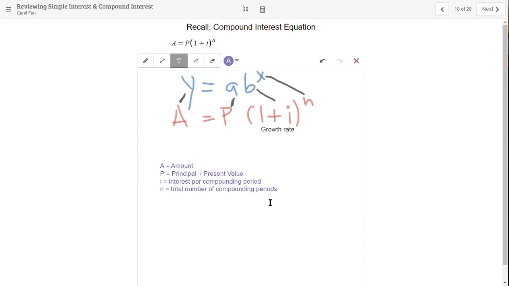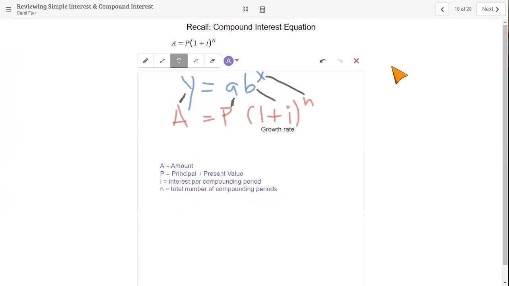So this is now slightly different. We said that x is the total number of cycles, but here, our cycles mean the number of compounding periods. Before, i was our growth percent. In this one, it's the interest per compounding period.